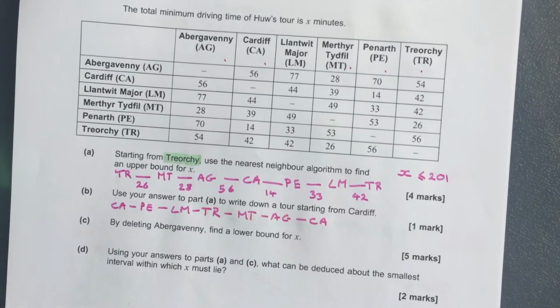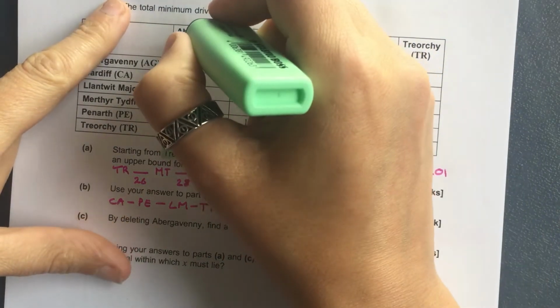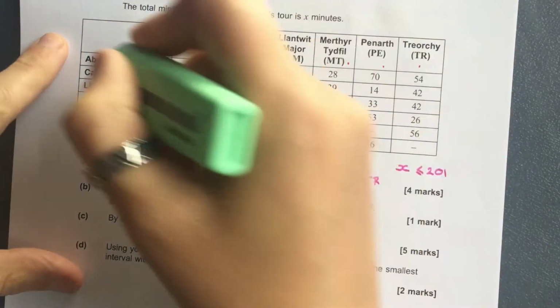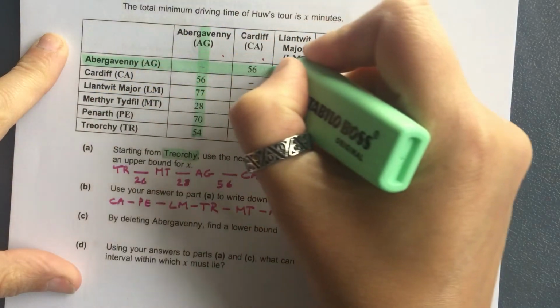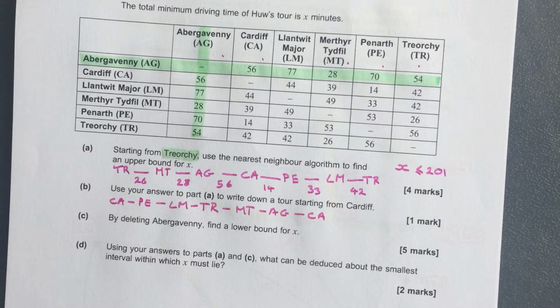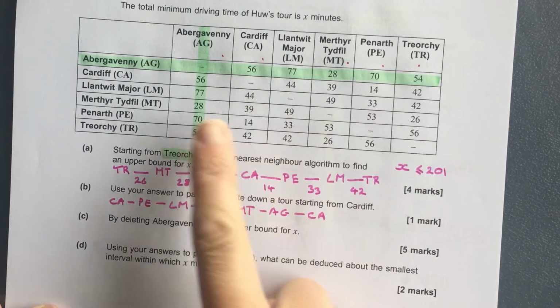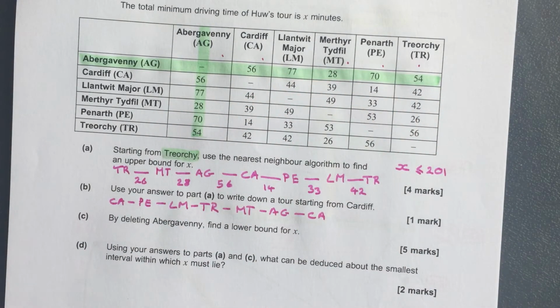Okay, so next, by deleting Abergavenny. So if we start off by deleting Abergavenny, we need to now find a lower bound for X. So if we are doing a lower bound, we need to do Prim's on tables on the bits that are left and add in the 2 shortest from our deleted.